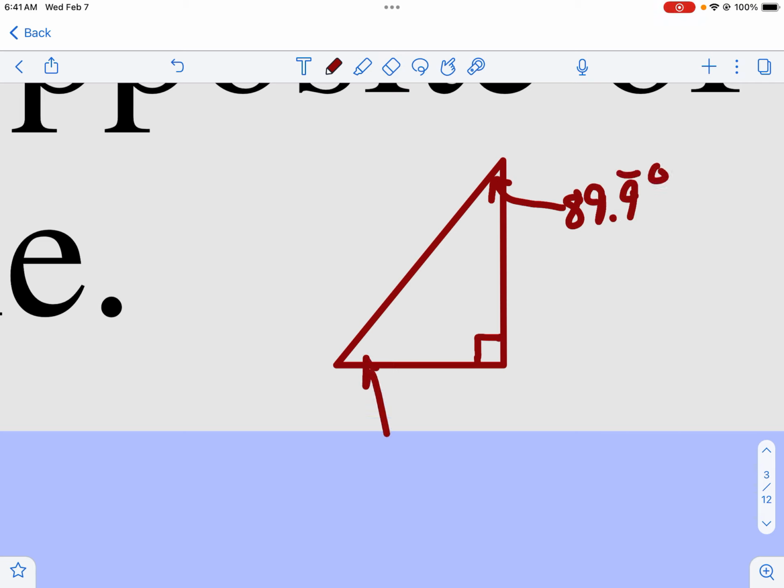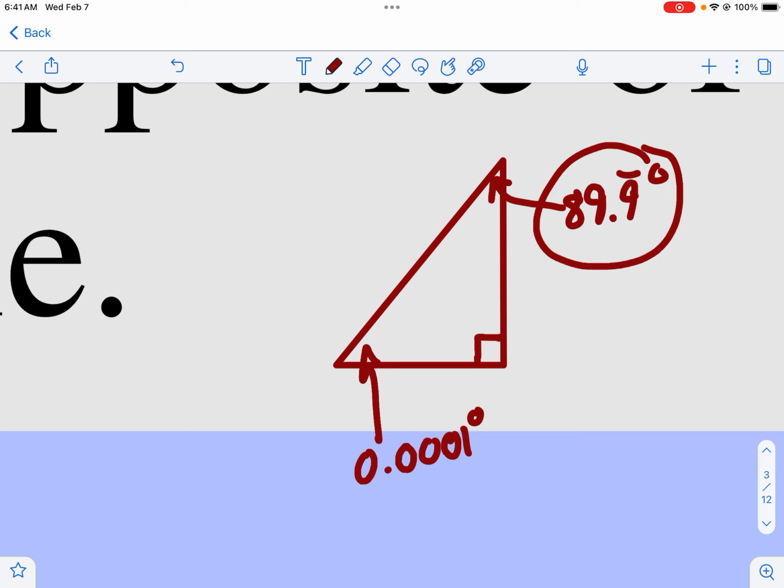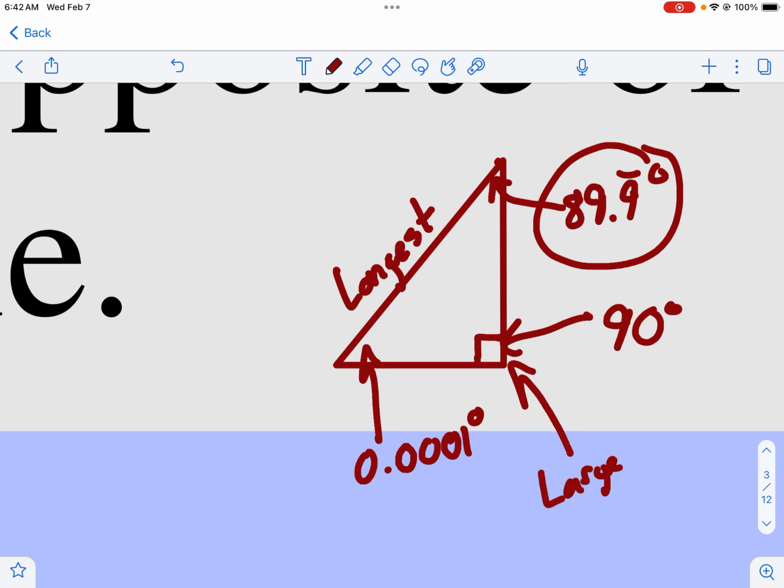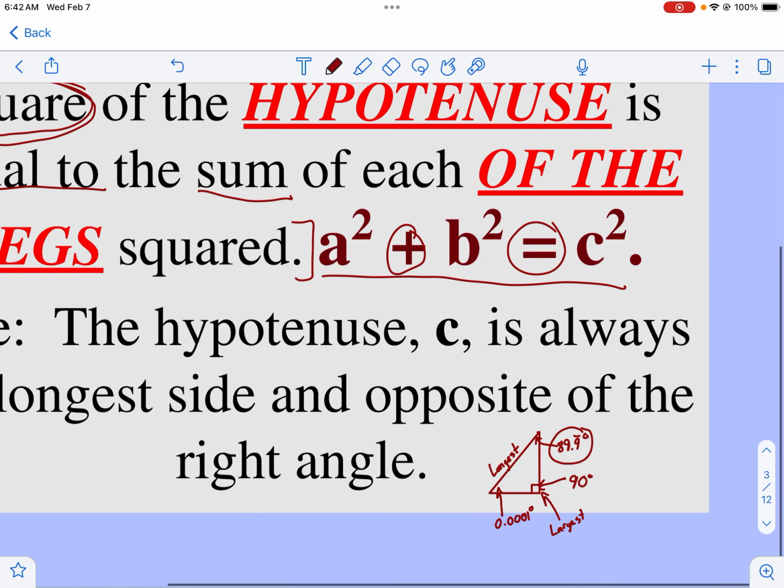And that would mean this angle is going to be something much less, like 0.00001 degrees. But still, this angle is going to be less than my 90-degree angle here. We have talked about those triangle inequalities that say my longest side is always opposite my largest angle, and my shortest side is always opposite my smallest angle. So that's where that comes from.